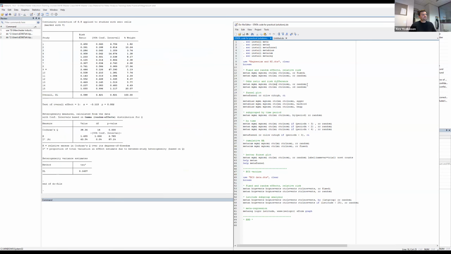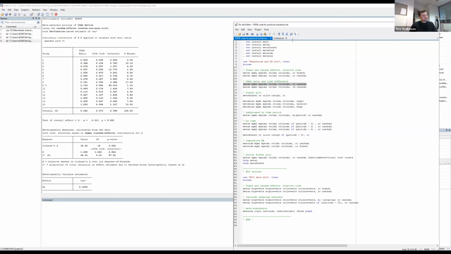Now, there are different summary estimates which you may need to consider. Sometimes some studies may report their summary measures as odds ratio. Although I think in this context, because we're looking at a reduction in risk of myocardial infarction events, the relative risk is more suited. There are some statistical properties.